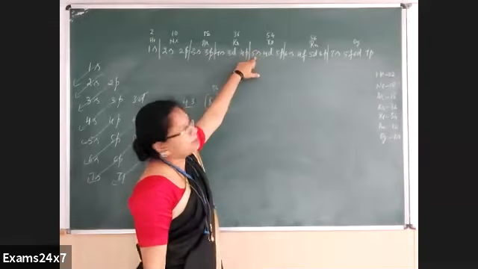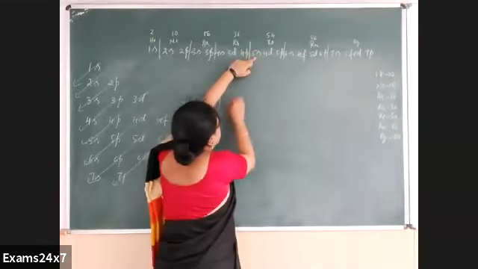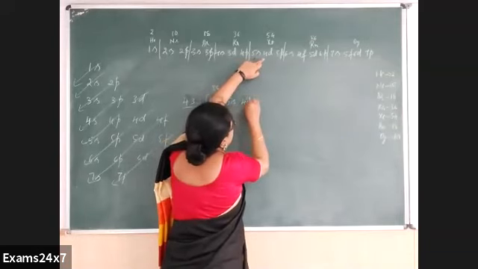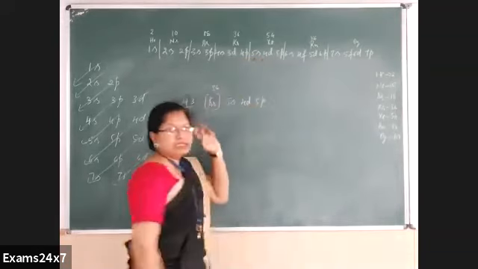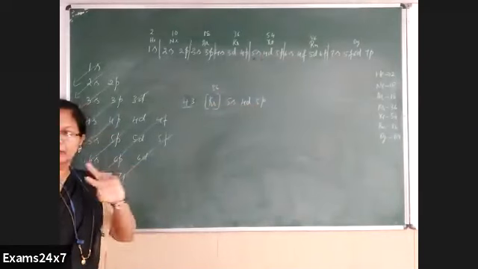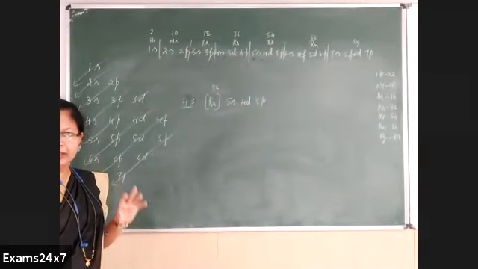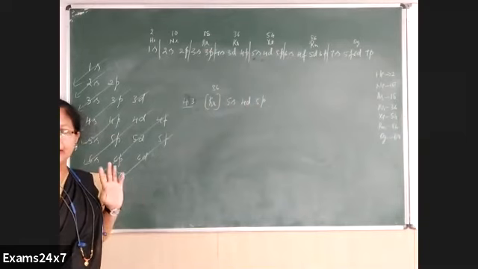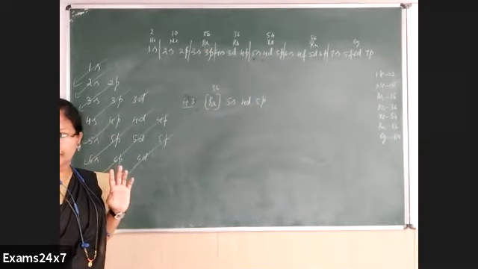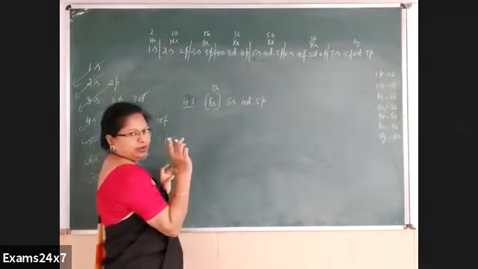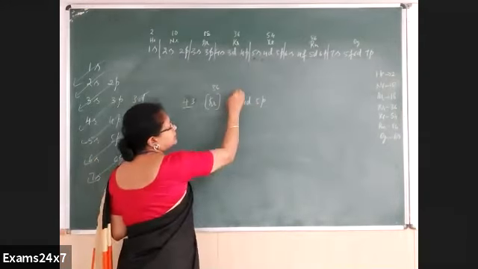Krypton's configuration comes up to here. Then take the next orbital. What is it? 5s, then 4d and 5p. Fill 7 electrons such that maximum 2 electrons in the s orbital, 6 electrons in the p orbital, 10 in the d orbital, 14 in the f orbital. We require 7 more. Here 2 goes.